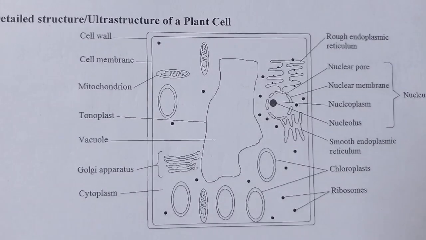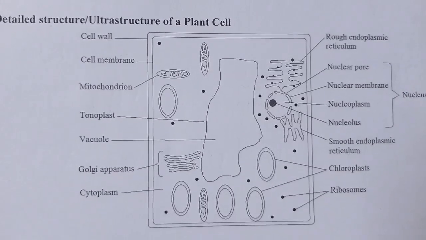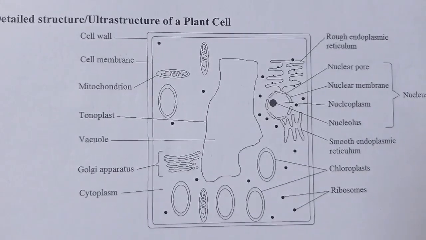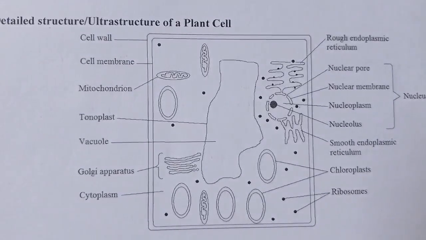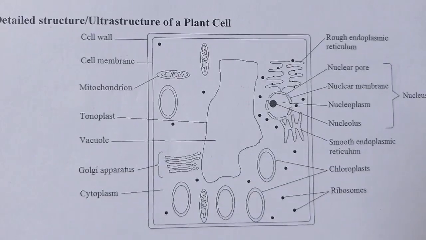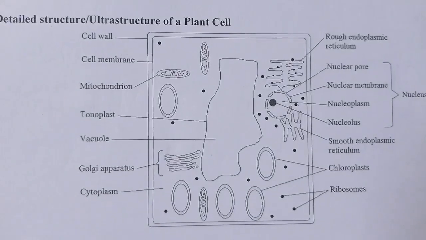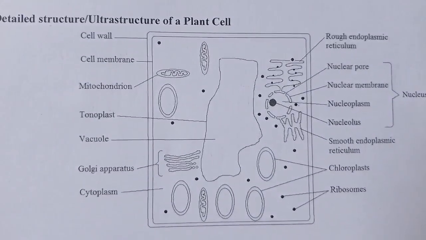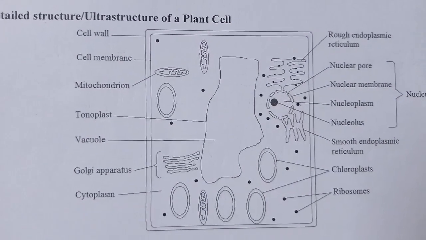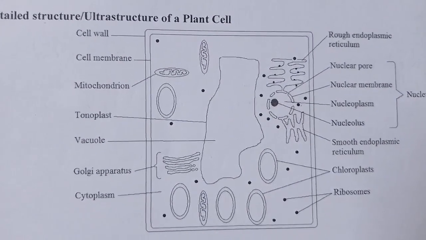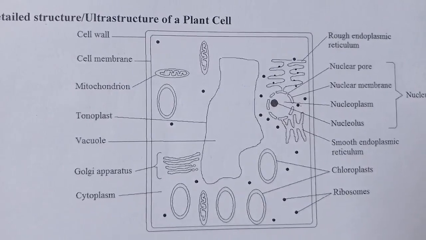So when we view a cell using an electron microscope, we view a detailed structure. These are structures that are seen when we view using an electron microscope. So what are some of the parts here that you need to know?